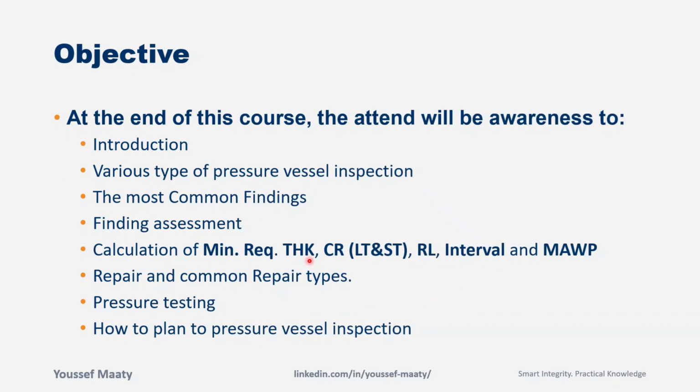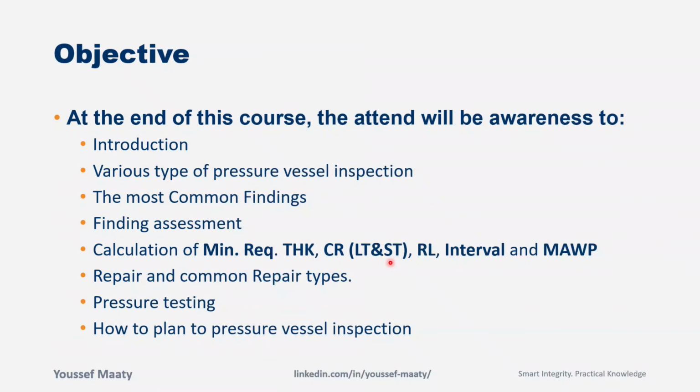We will mainly focus on ASME Section 8. After inspection and assessment, we calculate the corrosion rate, which represents the annual metal loss rate. We will discuss both long-term corrosion rate and short-term corrosion rate. This requires historical inspection data. Using inspection records, we can calculate both values.